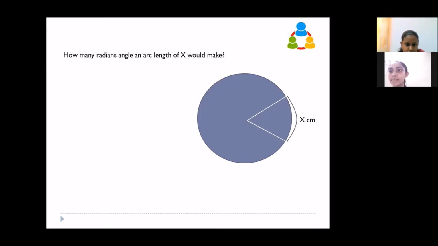Did you understand? I got that toffee maths. There is no rocket science. This problem is the same as saying R centimeter makes 1 radian. 8 toffee costs 40 rupees.